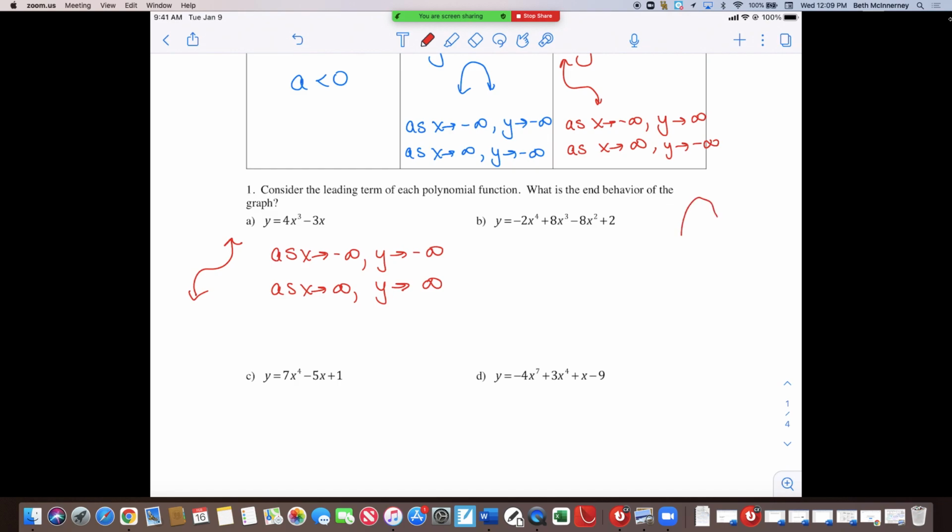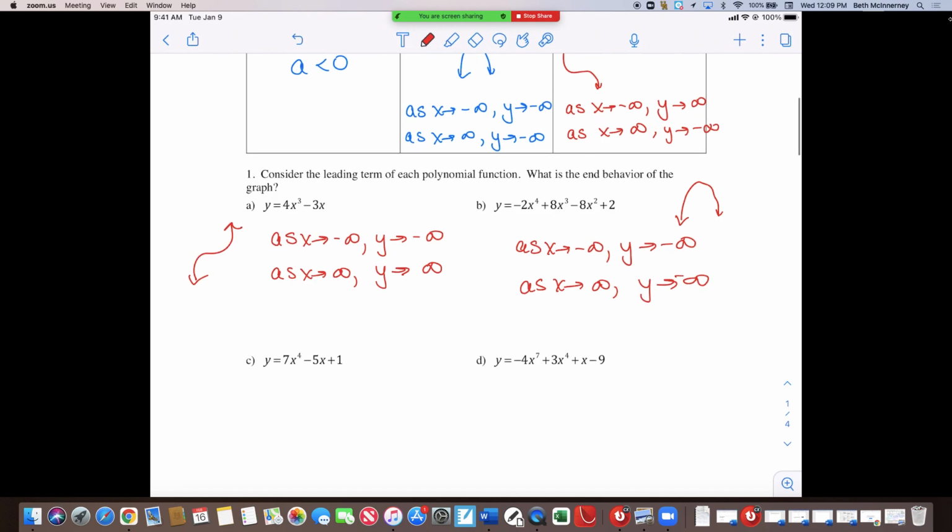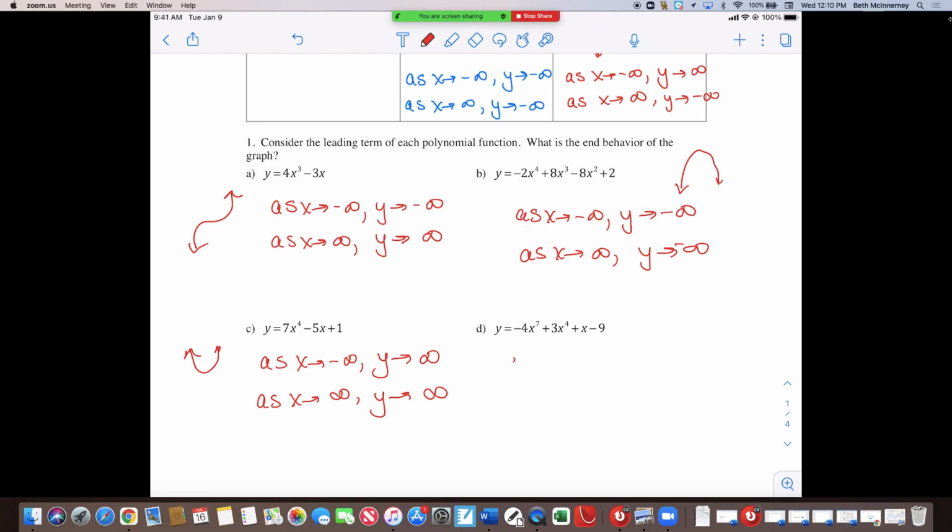In letter B, I do this where I make my little sketches. Okay, now this one, it's a negative in front of x to an odd power. So it flips it.